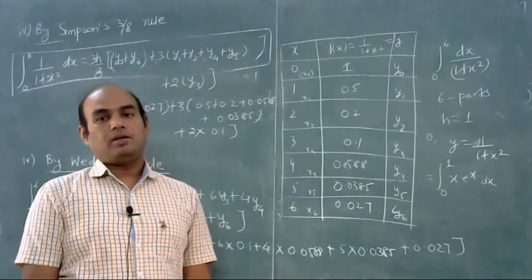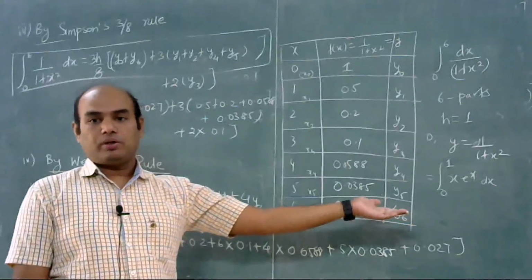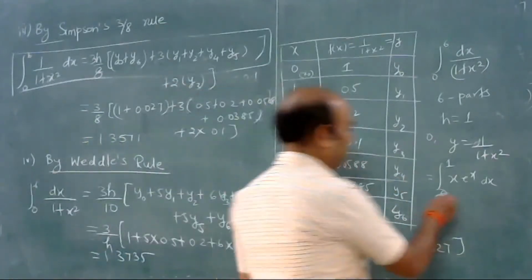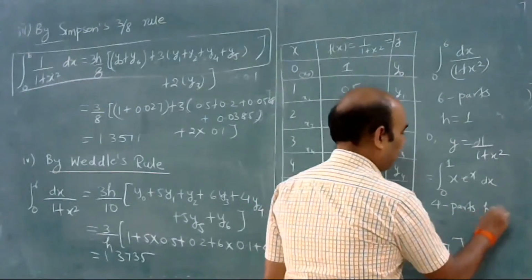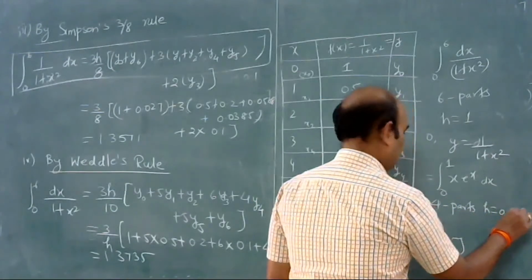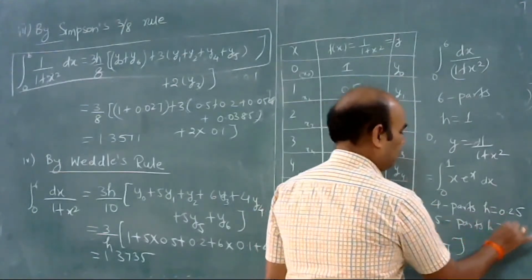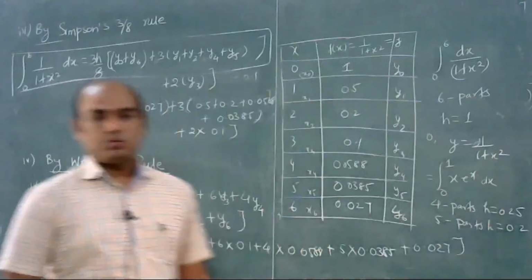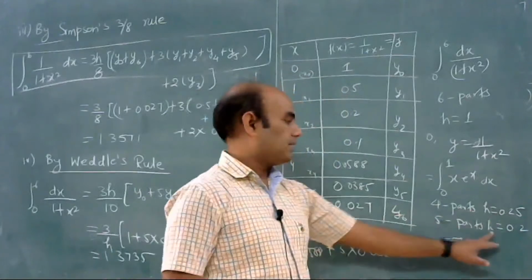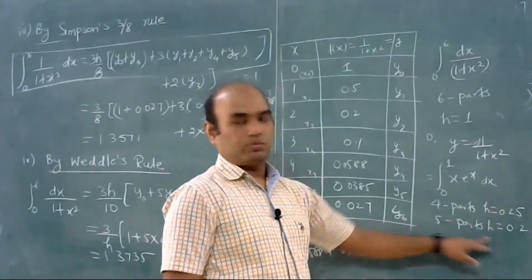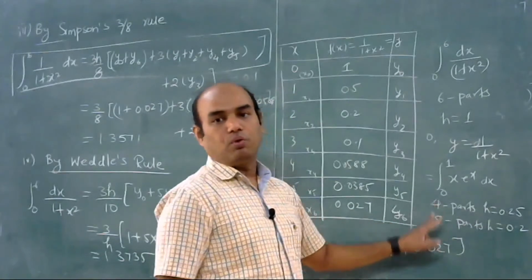Anyone else? You can take it as 4 also. If you take 4 parts, h will be equal to 0.25, and if you take 5 parts, h will become 0.2. So you can calculate accordingly. Here the calculation will take some more time as compared to 4 parts.